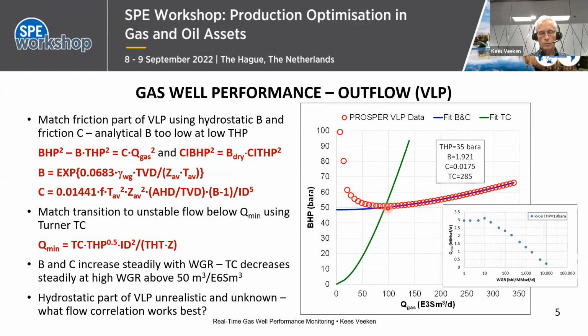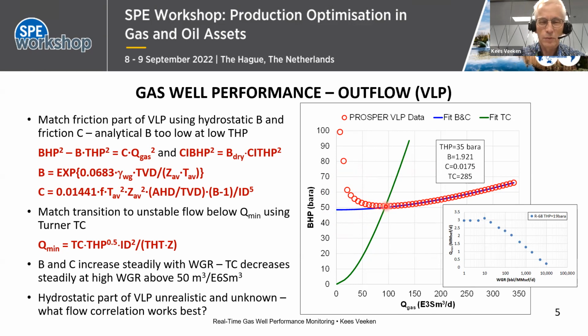And what we also know is that as soon as you go into this, what we call gravity-dominated part of the VLP, then trouble can start. So instability, intermittent production typically starts to the left of the minimum. So that's why we always like to characterize this minimum.